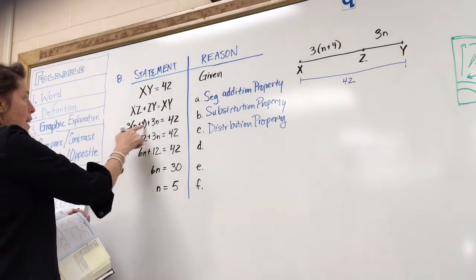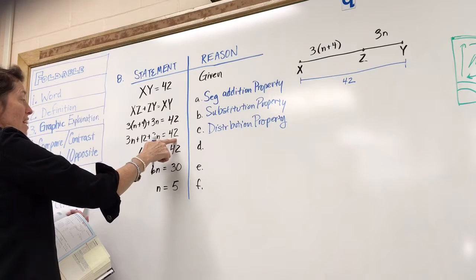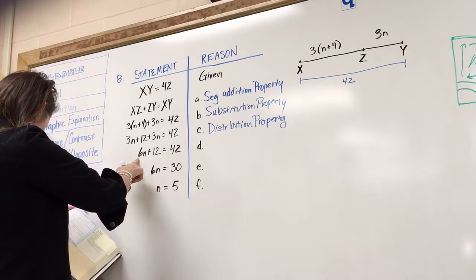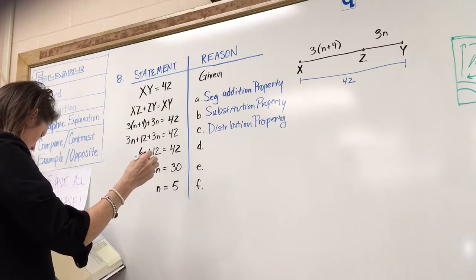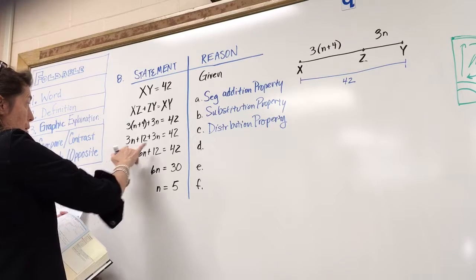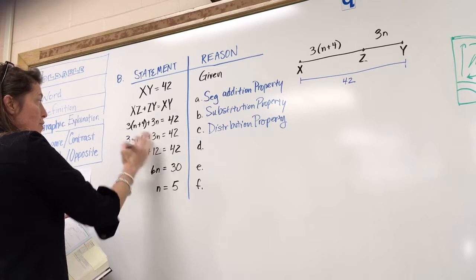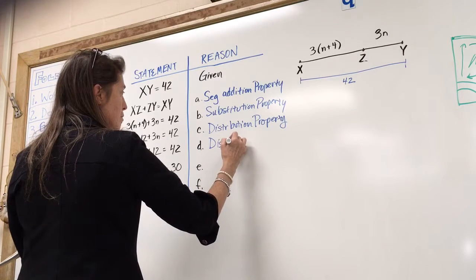We're multiplying those out. Then we'll still leave the 3n and the 42. From there, we are combining like terms, and that will give us the distribution property as well, because we're combining them all on one side, still moving things around, and that is also called the distribution property.